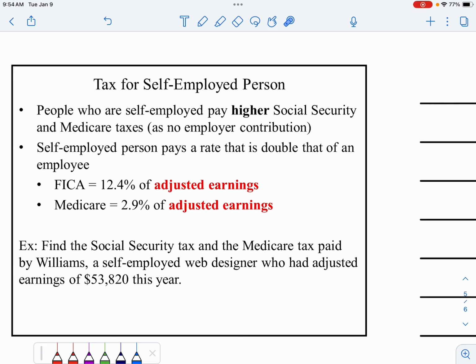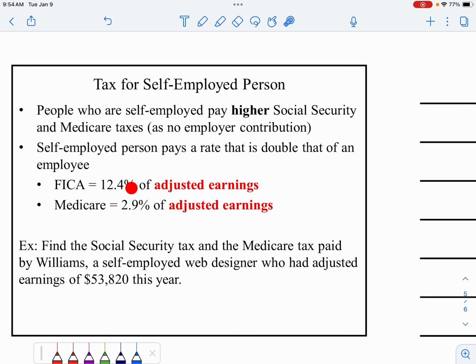So a self-employed person pays a rate that is double that of an employee because, again, you yourself as an employer need to match what an employee pays, and you yourself as an employee need to pay that amount. So of course, this will be double.